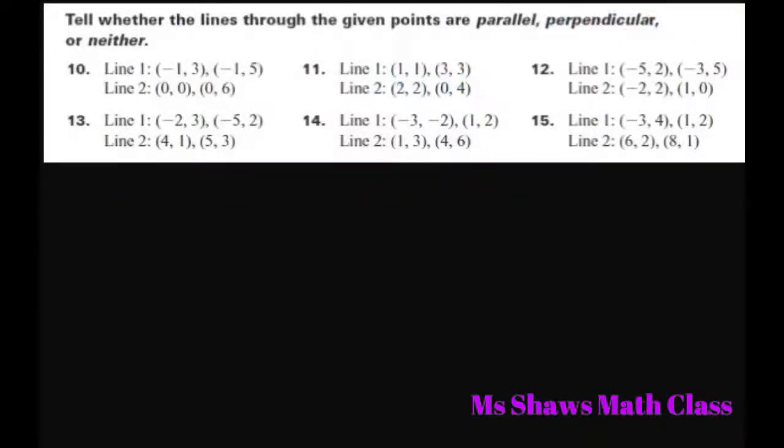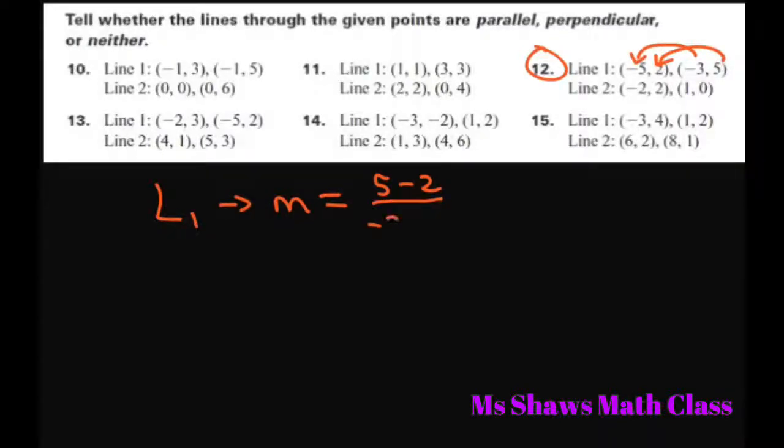Number 12, line 1. So the slope is 5 minus 2, negative 3 minus a negative 5. So this would be 3, and negative 3 plus 5 is going to be 2.